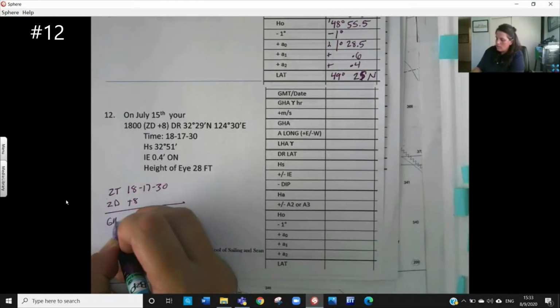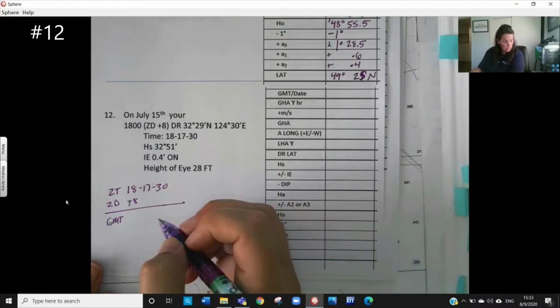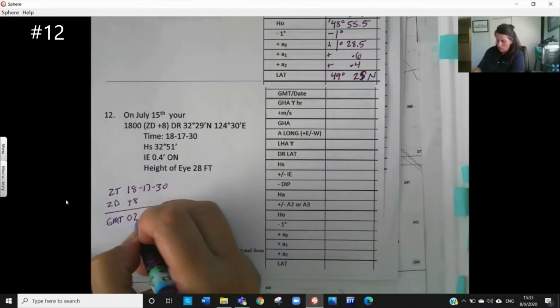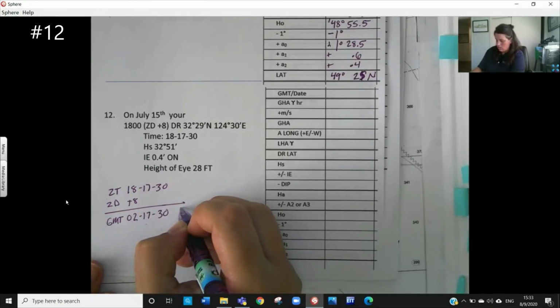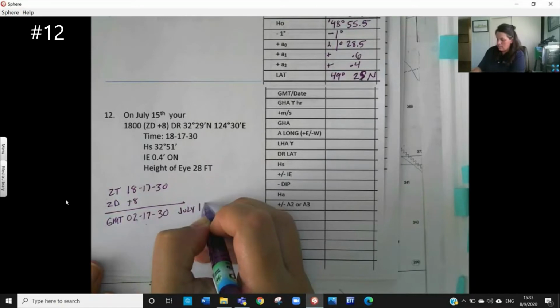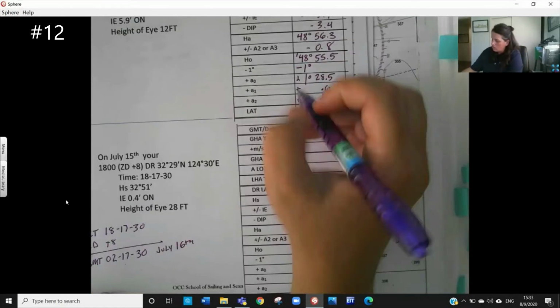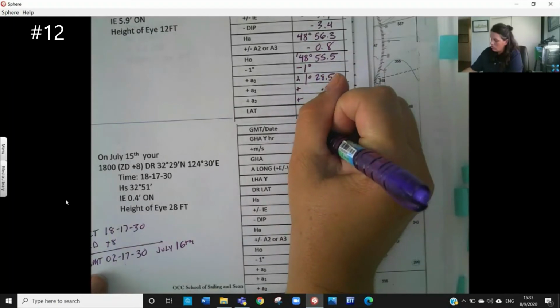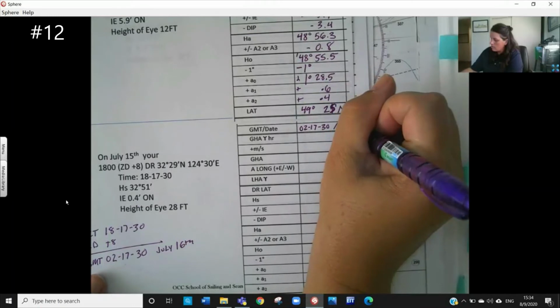So our GMT would be 02 the next day. So that is on July 16th as my GMT. So 02, 17, 30 on the 16th.